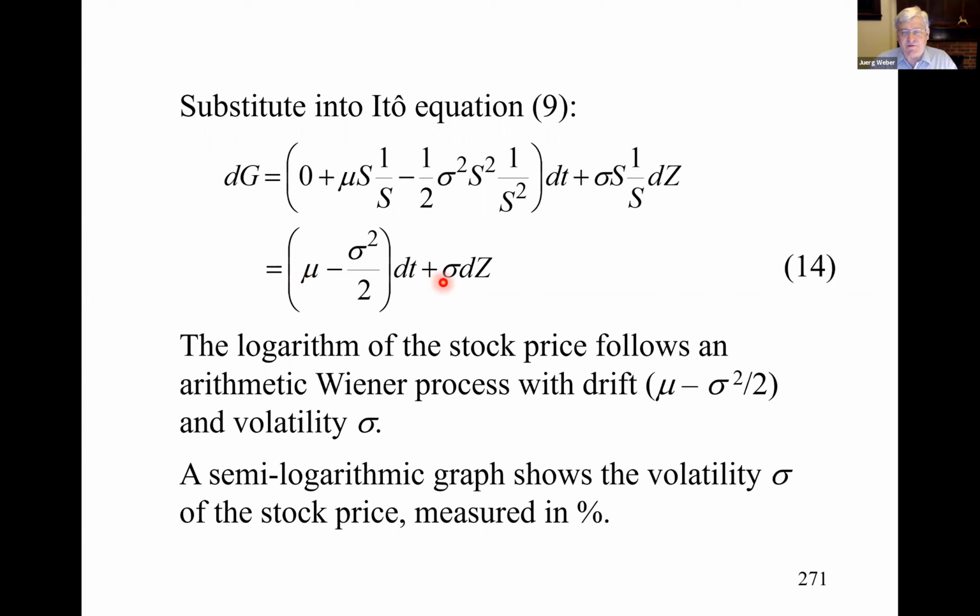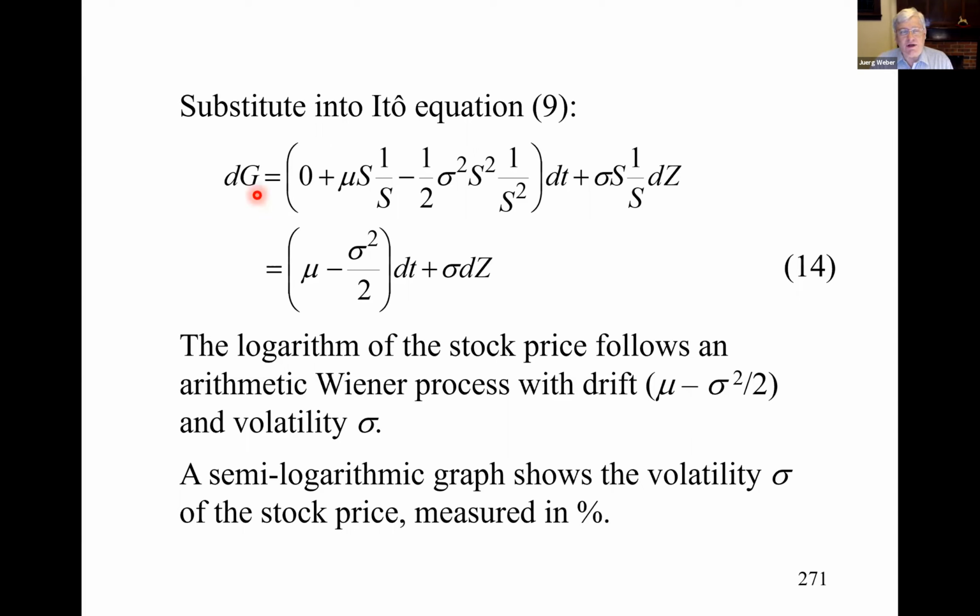And here's a standard deviation. It's also measured in percent. And so we get here the change of the share price in percent. So that's why the semi-logarithmic graph works. We said it gives you true representations of changes in percentages. And it's an arithmetic process.